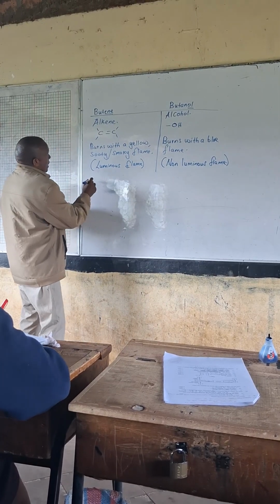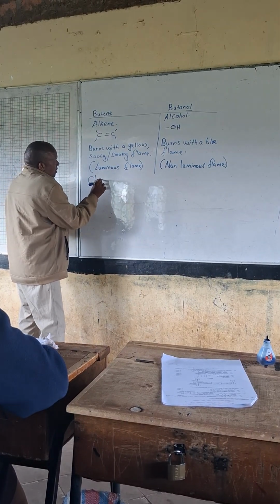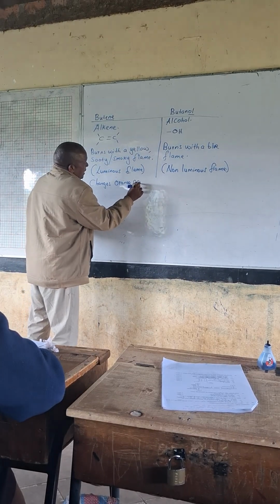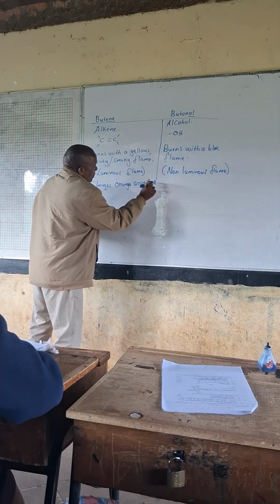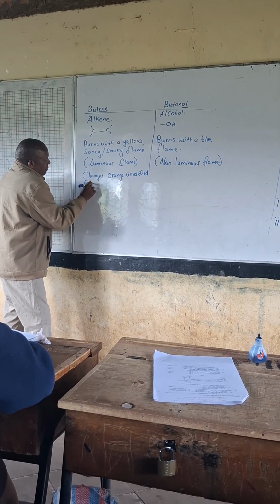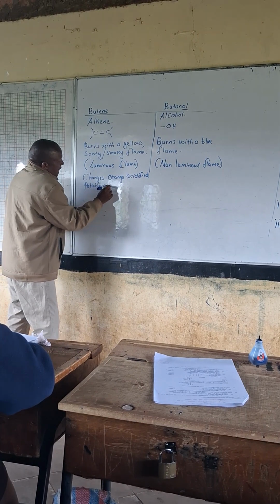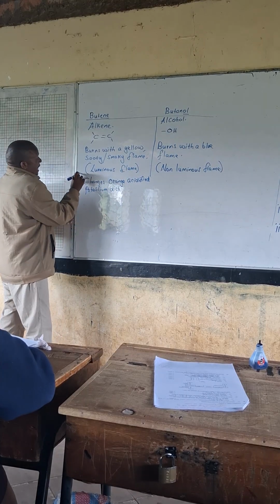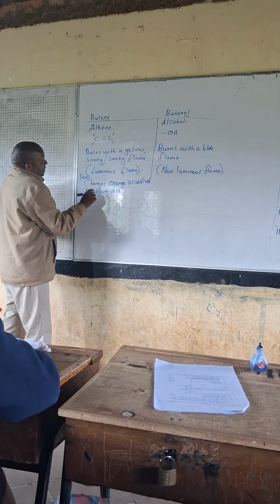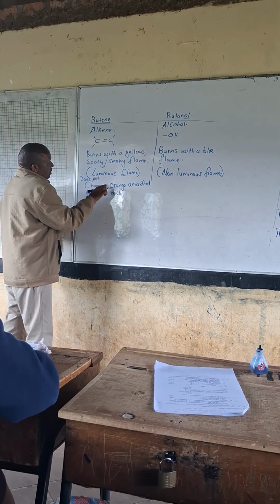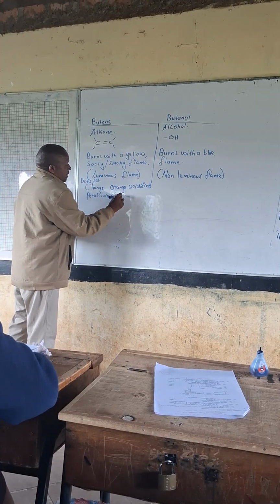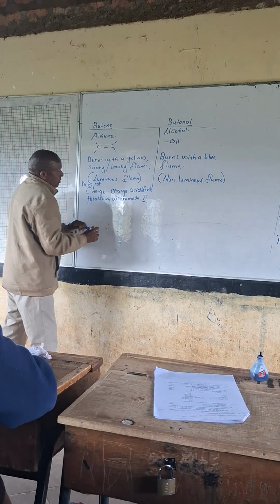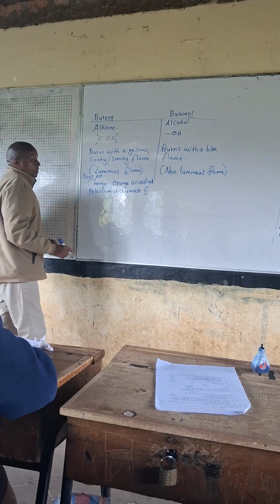So butene does not change orange acidified potassium dichromate(VI).